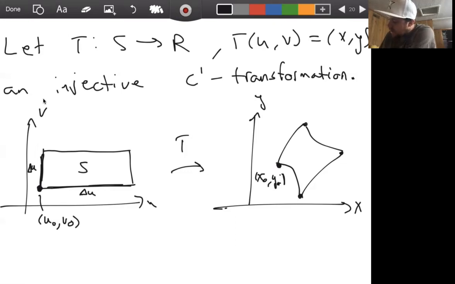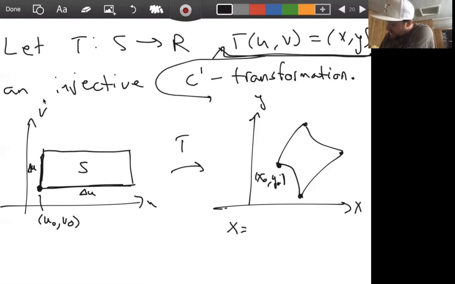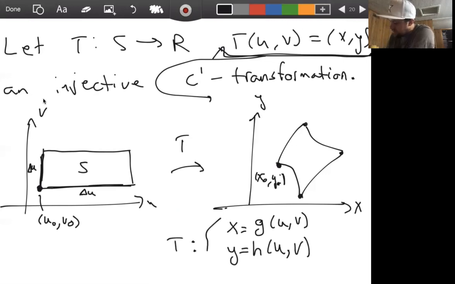Now, let me be more specific about our transformation T here. Our transformation T is given by X equals G of UV and Y equals H of UV.